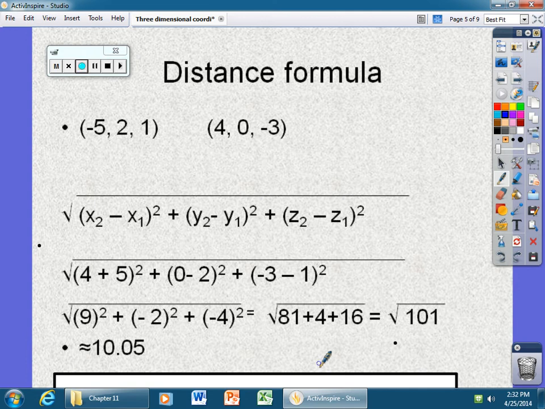Otherwise, the calculator will square the number and then put the negative sign on last. So whenever I go through the process, I get the square root of 101, which is about 10.050. So the distance between these 2 points in a three-dimensional coordinate plane, so in other words, if I have these 2 points in a box, the distance between the 2 points is 10.050.